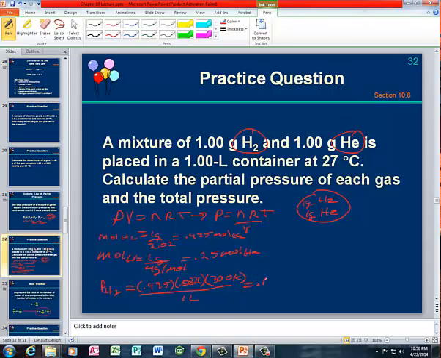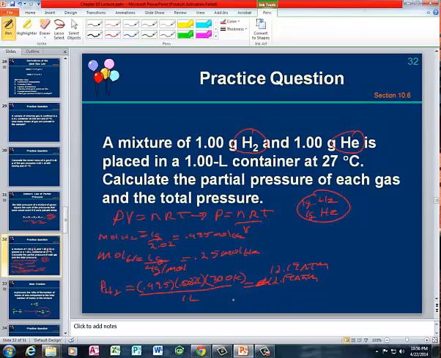And that's going to give me 12.19 atmospheres. Remember, this is completely unedited.